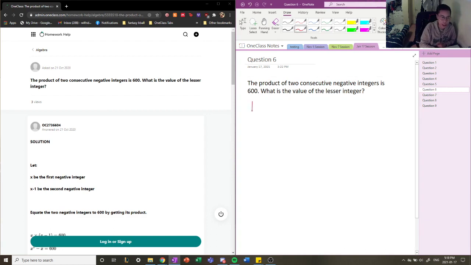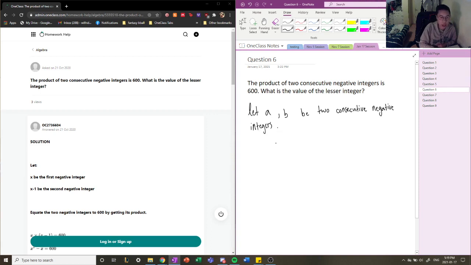So let A and B be two consecutive negative integers.